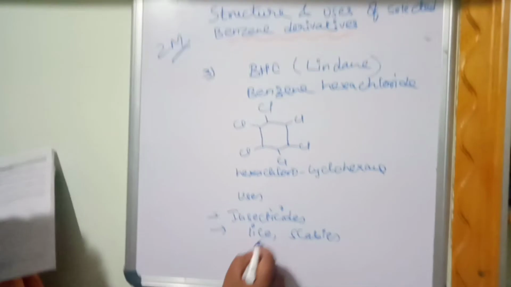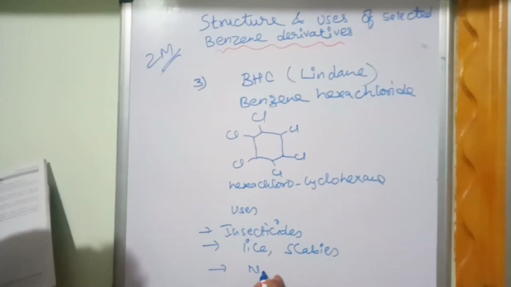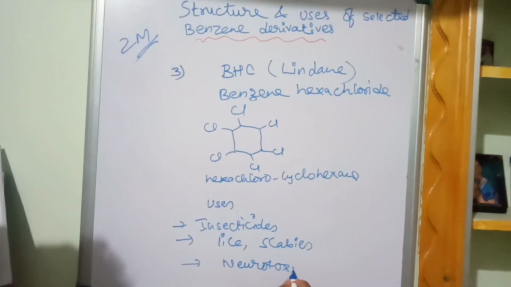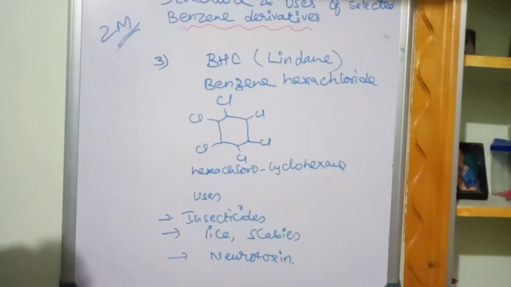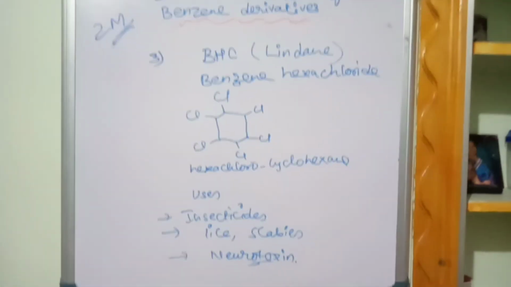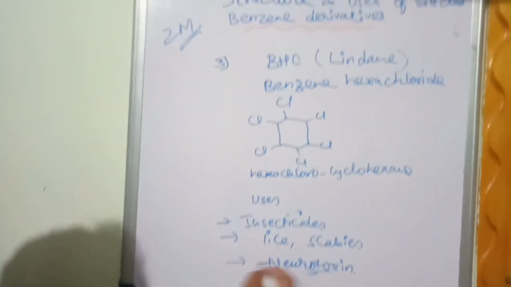In those conditions they have been employed, but this will cause neurotoxin, means if it is taken, this may lead to the central nervous system or brain getting toxified. Okay, so it is very dangerous.